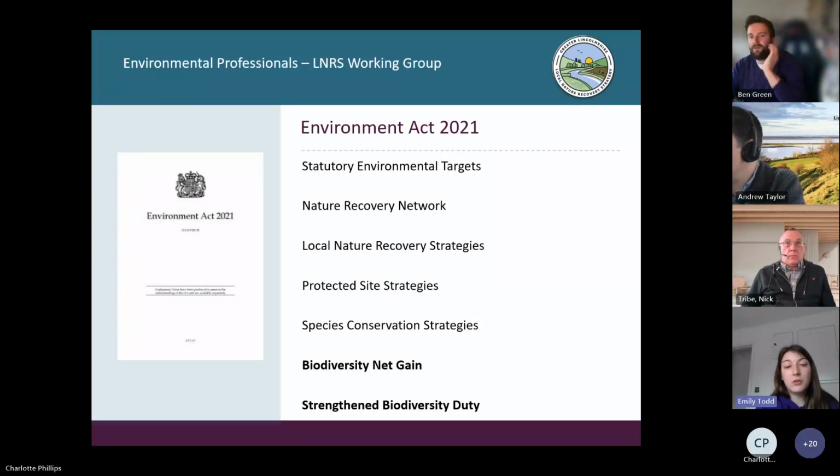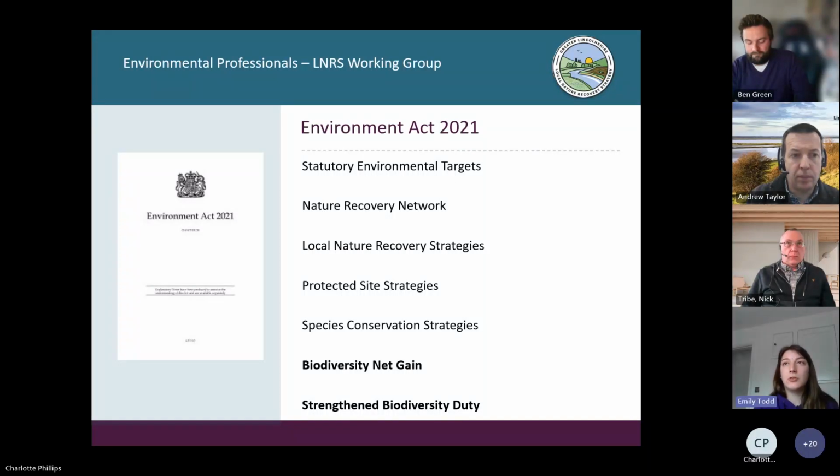Protected sites strategies and species conservation strategies are further strategies that have come out of this, as the names suggest, in terms of protected sites and species.